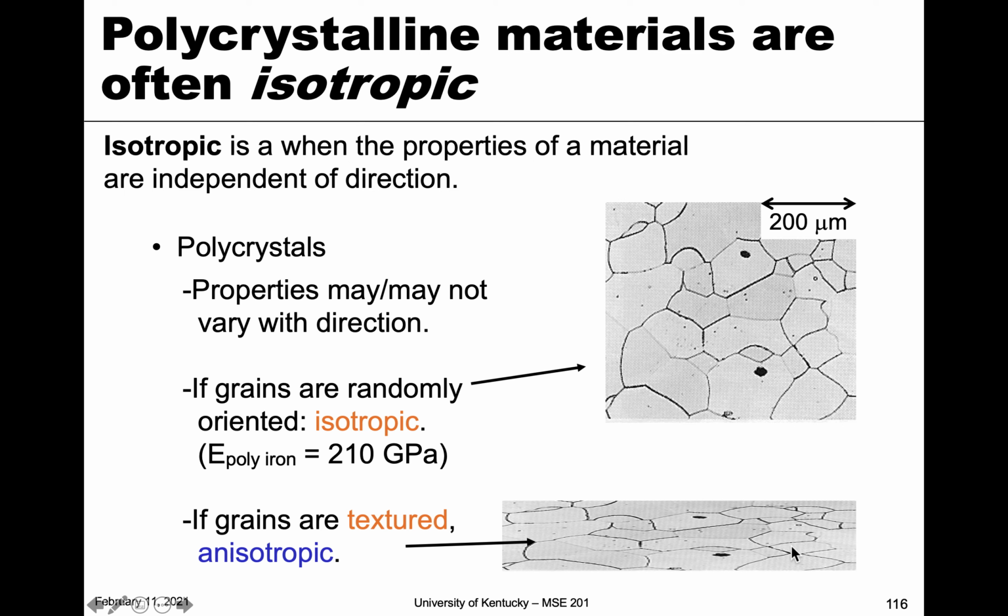So the act of rolling does what we call texturing, in that it now can have a preferential direction, and things tend to get aligned along this direction. This is one of those cases where we can actually have some anisotropy, because there's a certain directionality to these crystals elongated along the rolling direction. But for the most part, we think of most polycrystalline materials as isotropic.